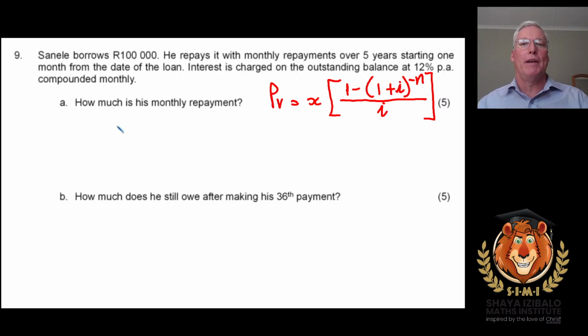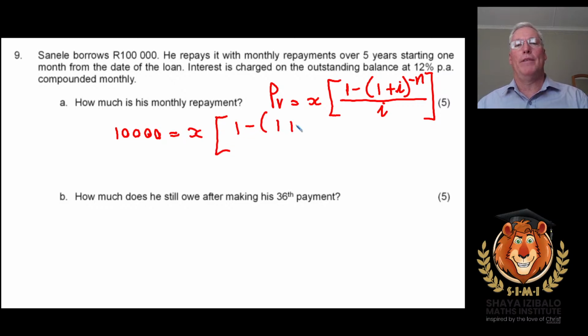So in other words, you put the 100,000 over here equals x times 1 minus (1 plus 0.12 over 12) to the power of negative 60, for 5 years of monthly payments, over 0.12 over 12.